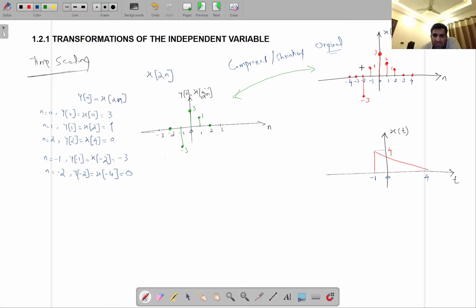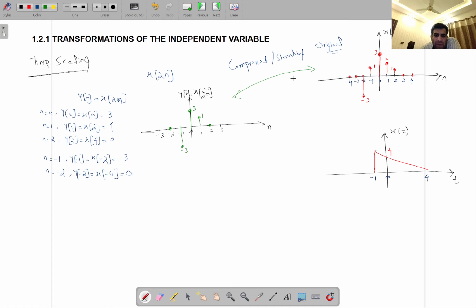I have got the sample at 3, but then the sample at 1 is now dropped. Then I have a sample at 2, it's fine. And then no more samples. If I look over this side, the sample at minus 1 is dropped, and then the value of minus 3 is retained.